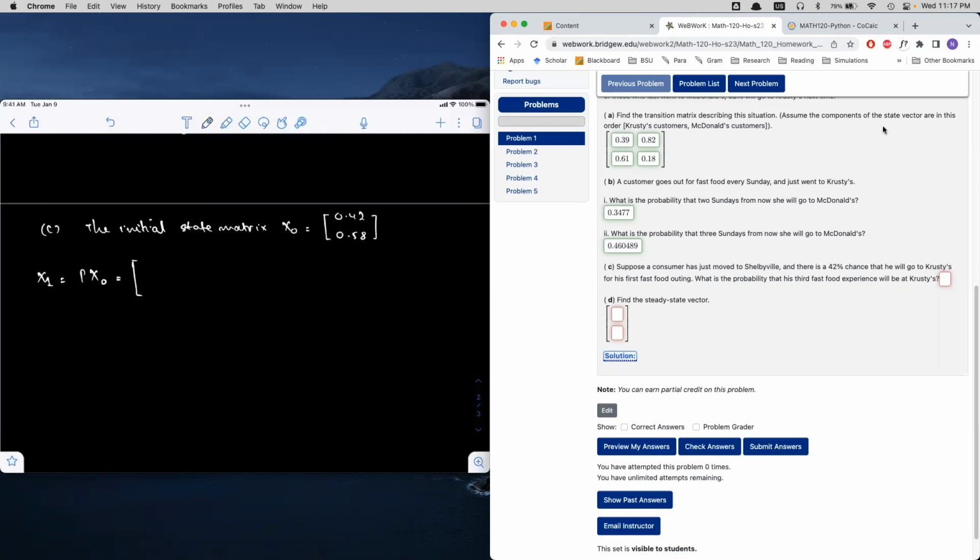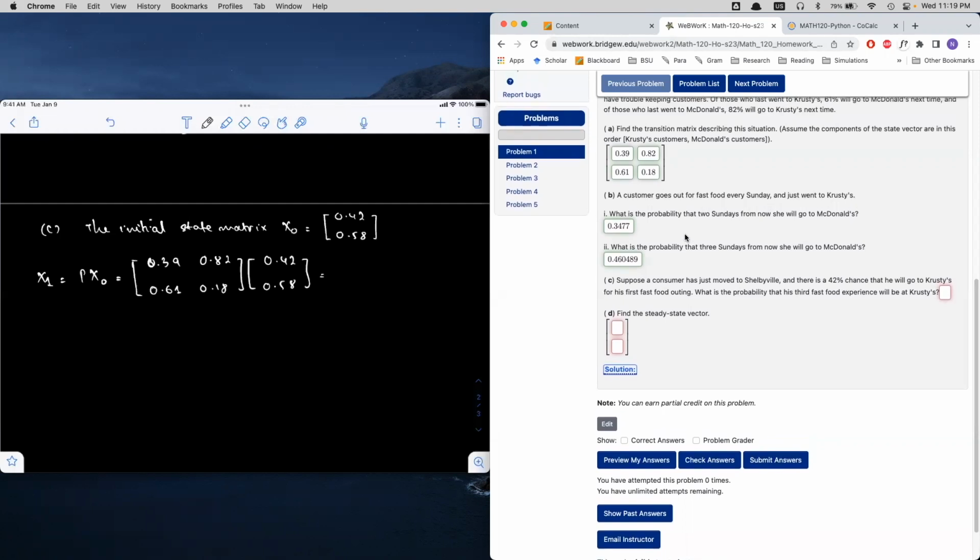P is the matrix of transition probability, the same as before: 0.39, 0.82, 0.61, 0.18, multiplied with 0.42, 0.58, and you get x1. With x1, you calculate x2, and with x2, you calculate x3. So x2 is equal to P x1, and x3 is equal to P x2. Very similar calculations to part B, so I'm going to leave this to you for practice.